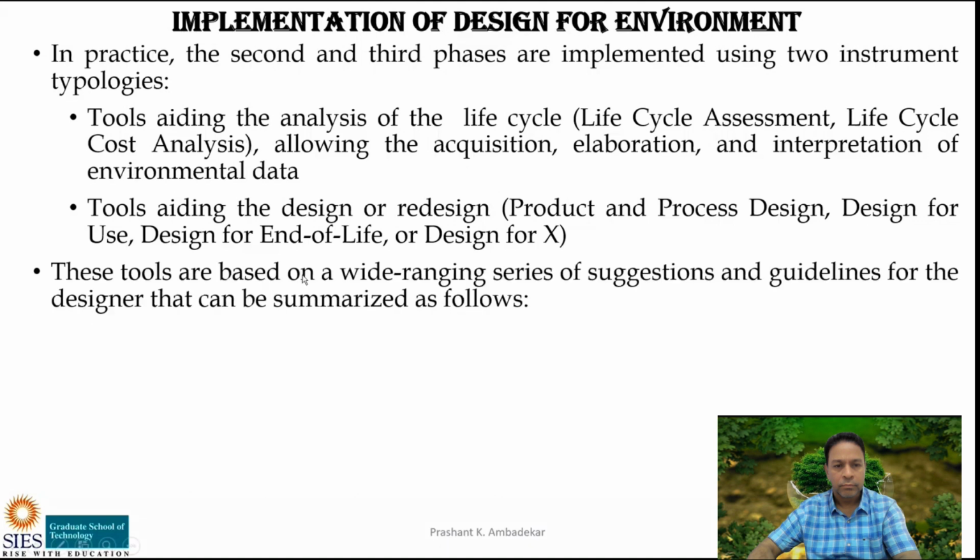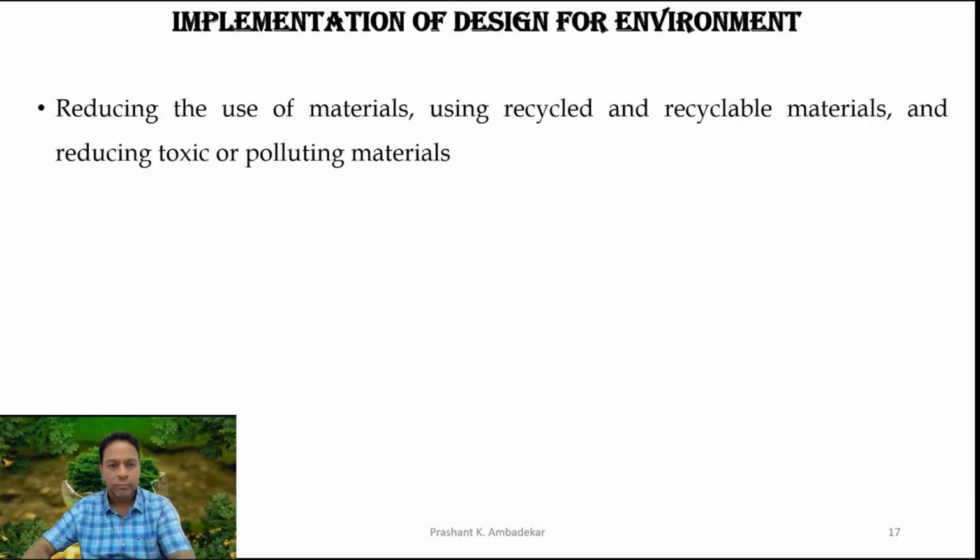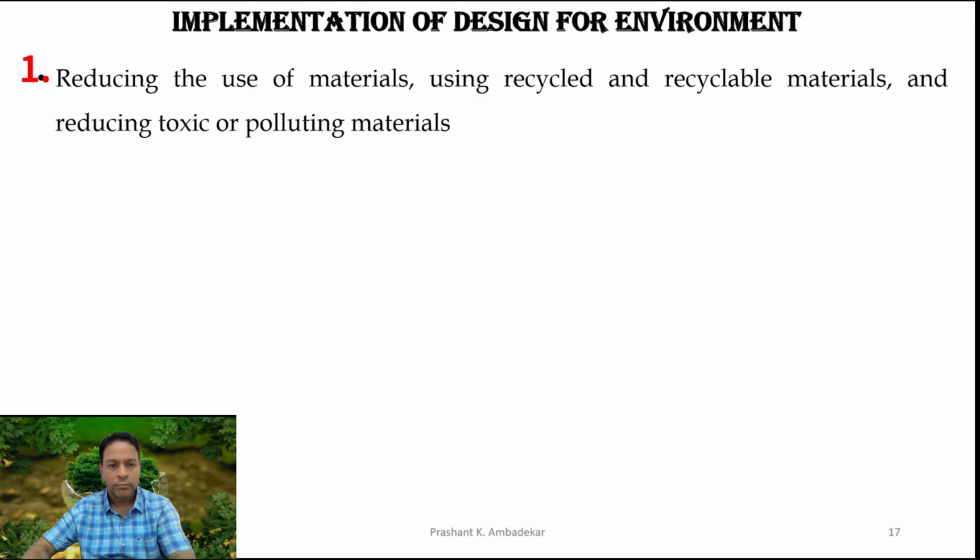These tools are based on a wide series of suggestions and guidelines for the designer that can be summarized as follows. The first guideline says: reduce the use of material, use recycled and recyclable material, and reduce toxic or polluting material.